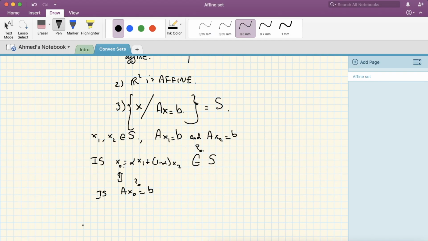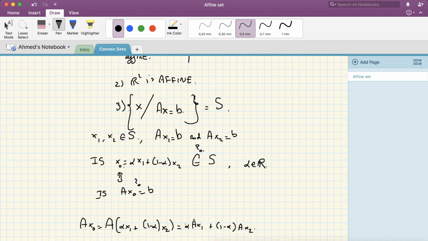So Ax0, just plug in its affine combination, which is α x1 plus (1 − α) x2. This is α Ax1, because α is a scalar, and we forgot something really important, even though it might sound dumb: α is in R. So α Ax1 plus, again, (1 − α) is a scalar, so it's extracted, Ax2.